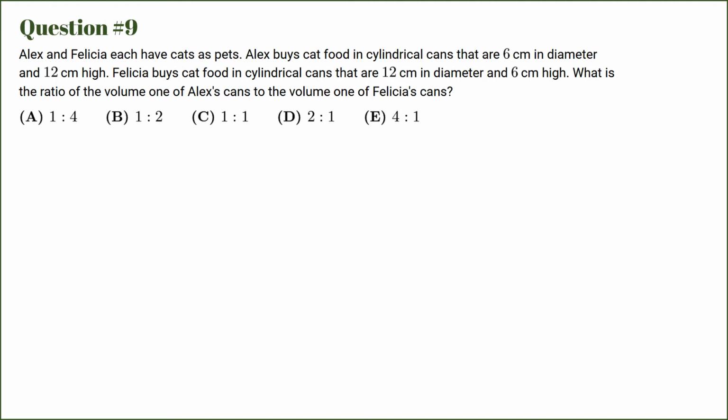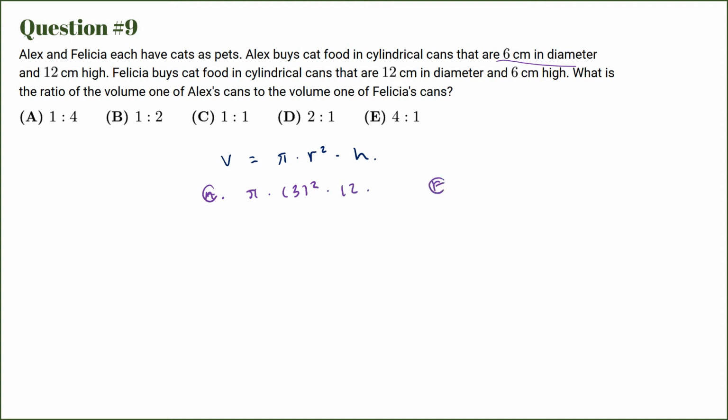So the volume of a cylinder equals pi times radius squared times height. So one of Alex's cans would have a volume of pi times 3 squared, because the radius of a 6 centimeter diameter would be 3, times 12.